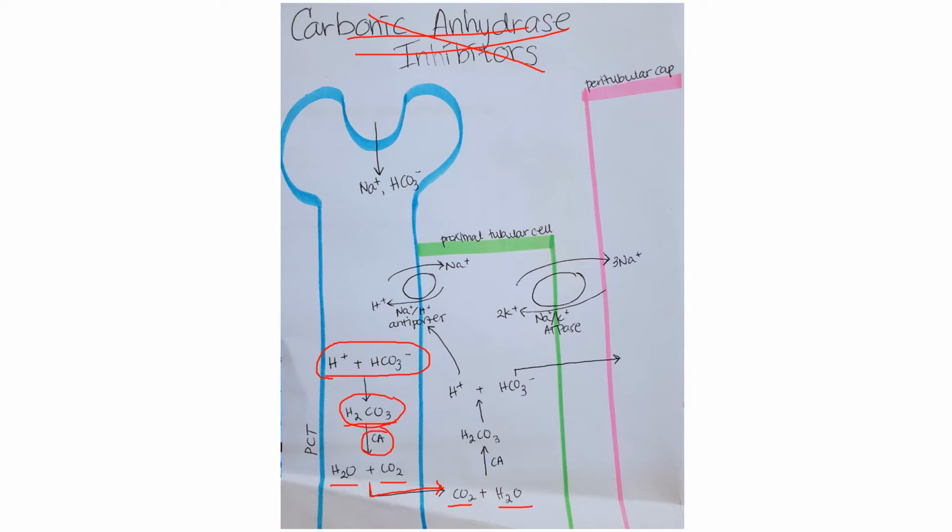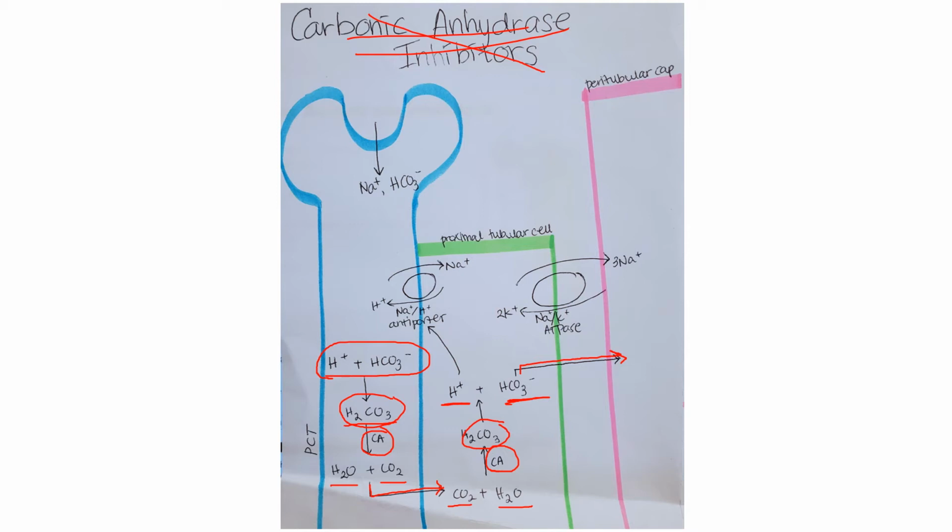And again, via the action of carbonic anhydrase, we convert them back into carbonic acid. And then this carbonic acid, once again, splits into proton and bicarbonate. This bicarbonate is reabsorbed back into the peritubular capillary.